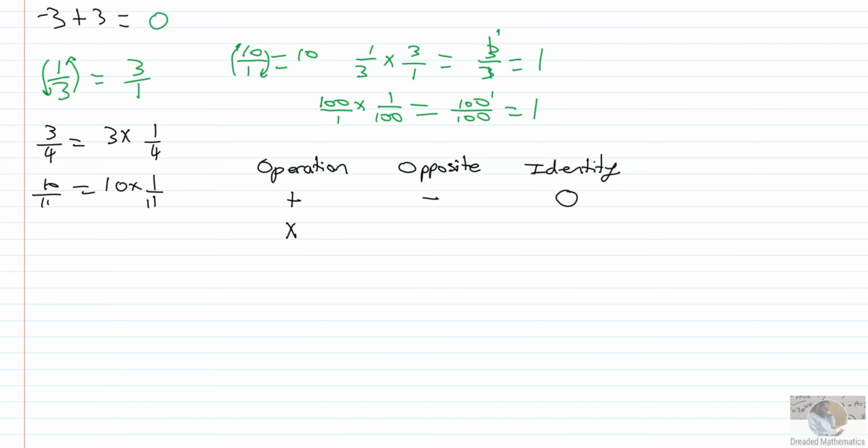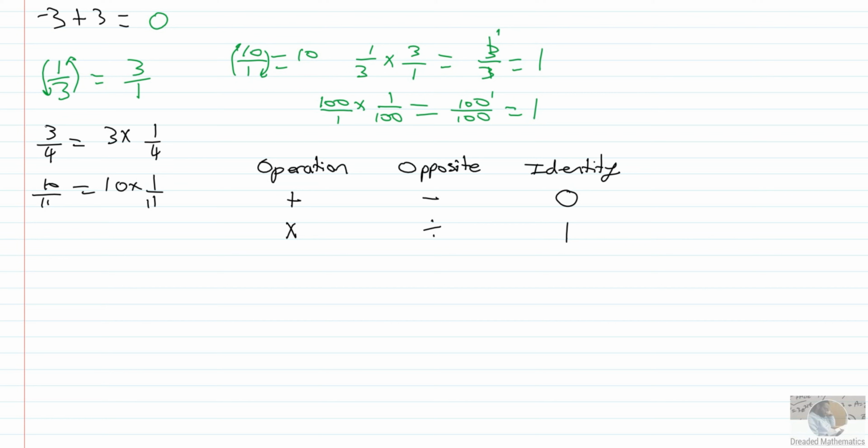The opposite of multiplication is division, or another word you can use is the reciprocal. What happens when you multiply a number by its reciprocal? Well, you get 1, as seen here. And the thing that makes 1 very special is that any number multiplied by 1 will also be just that number.